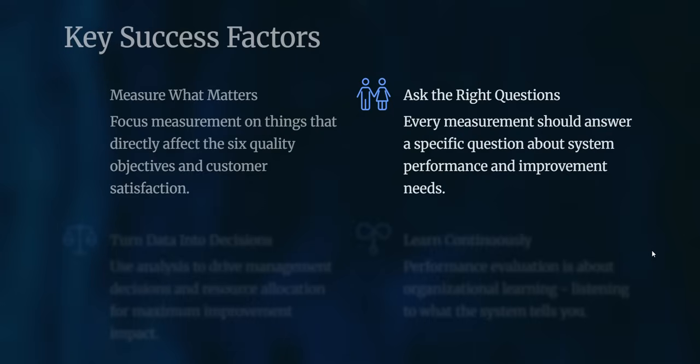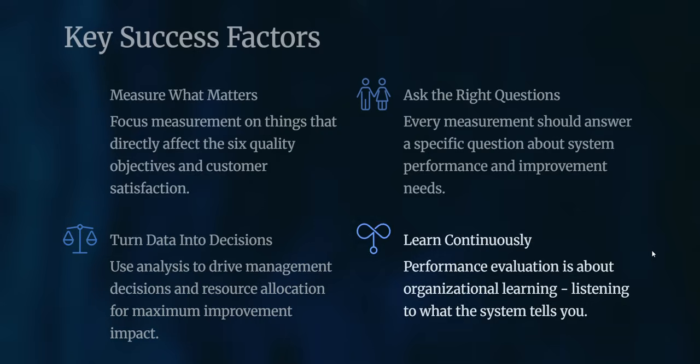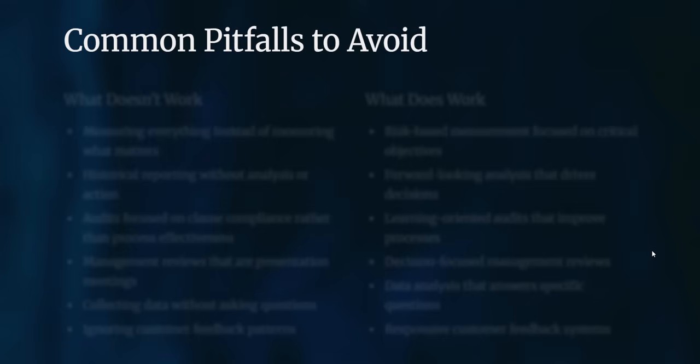Every measurement should answer a specific question about system performance and improvement needs. Thirdly, turn data into decisions. Use analysis to drive decisions on resource allocation for maximum improvement impact. Fourthly, learn continuously and perform evaluation. Performance evaluation is about organizational learning. So listen to what the systems are telling you.